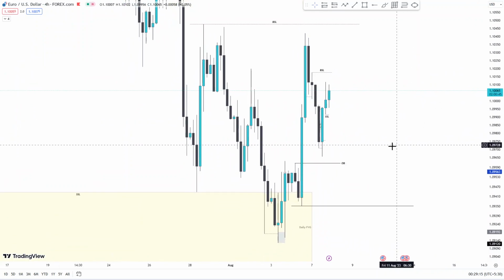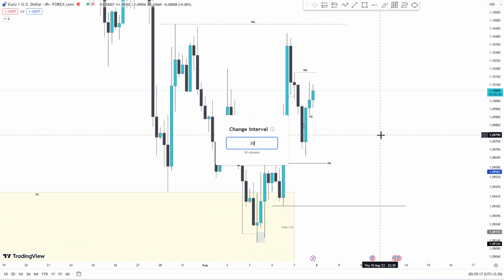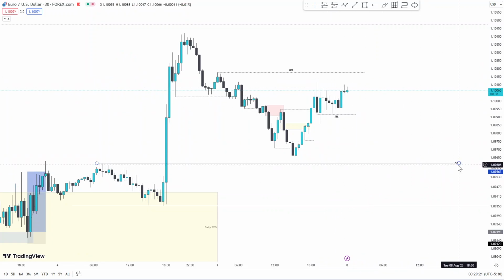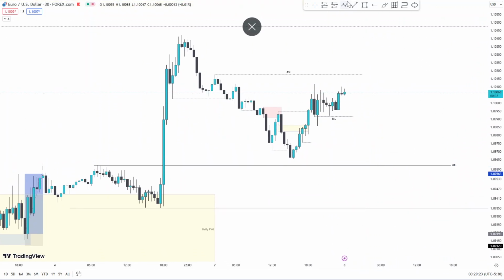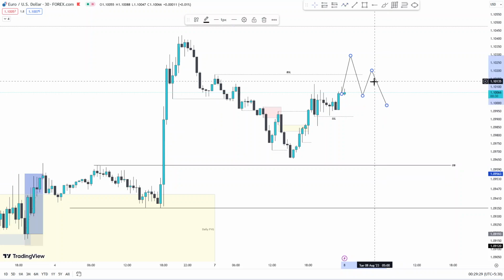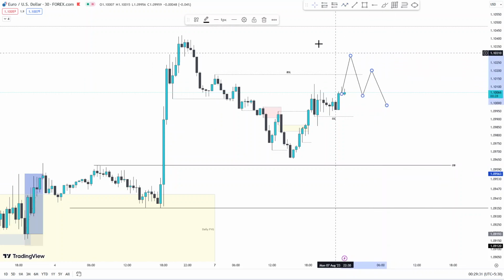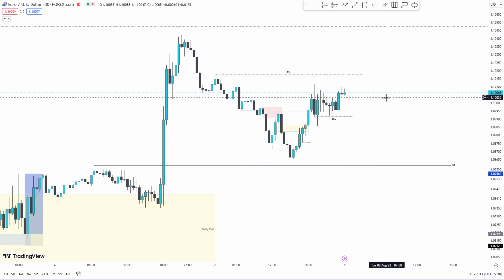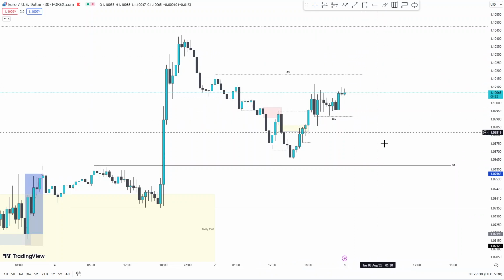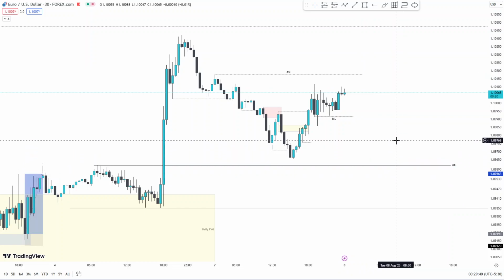I am bearish on the higher time frame, but you should be careful because of this buy side liquidity and this unmitigated order block. We should see how price reacts from here. If we get some confirmations, I wouldn't hesitate to look for shorts from here, even though I'm bullish on the higher time frame for a small retracement, or price can also come and mitigate this order block.